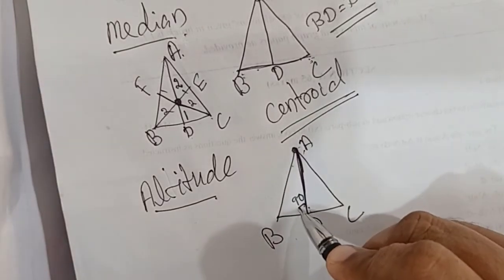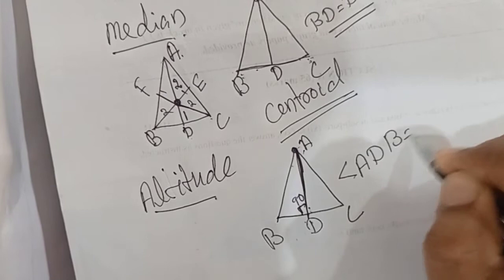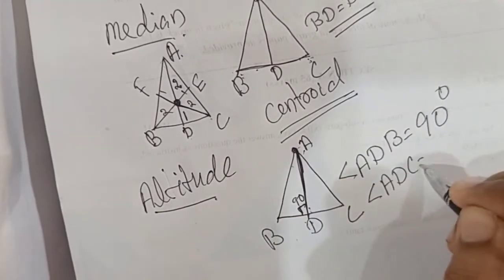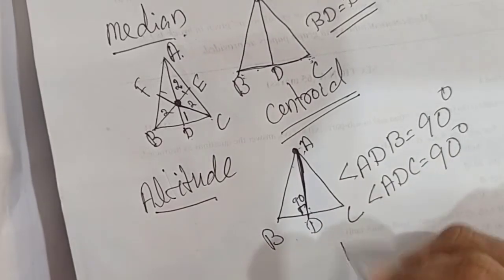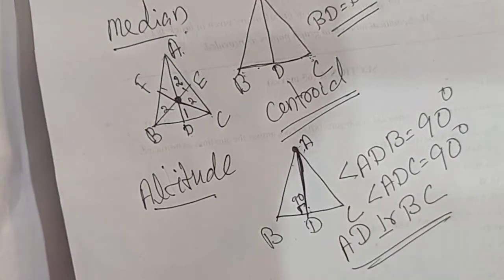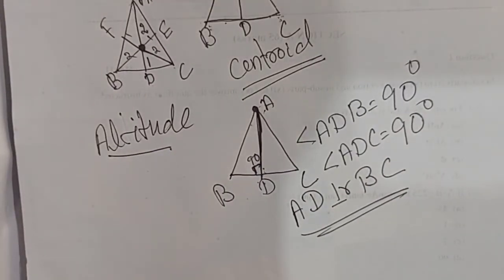Okay, therefore, the important thing is angle ADB equal to 90 degrees. Same way angle ADC is also 90 degrees. That means AD is perpendicular to BC, right?